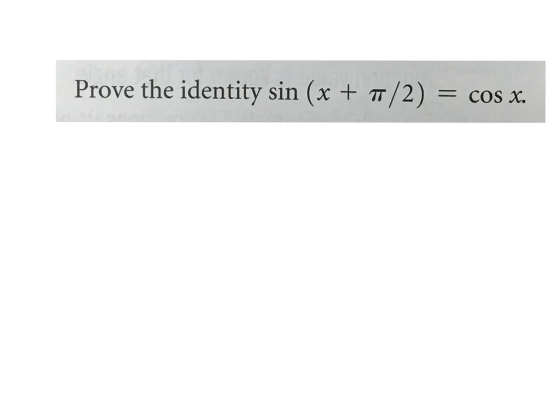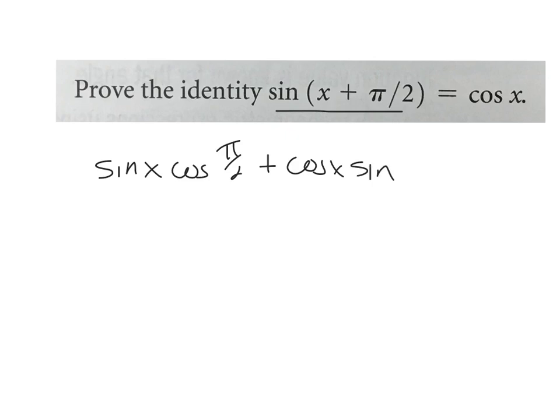That's pretty much what we're doing today: we're going to take things and either prove them or simplify them. It says prove that the left side equals cosine x. So I'm going to do what we did yesterday, the sine addition. Sine of x cosine pi over 2 plus cosine x sine pi over 2, and just work that out.